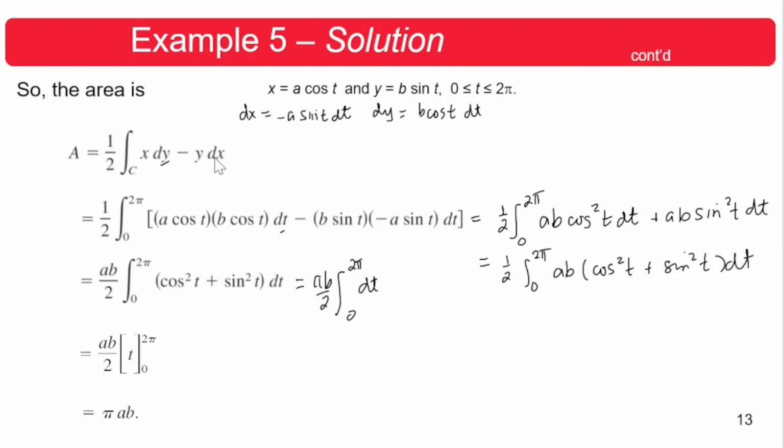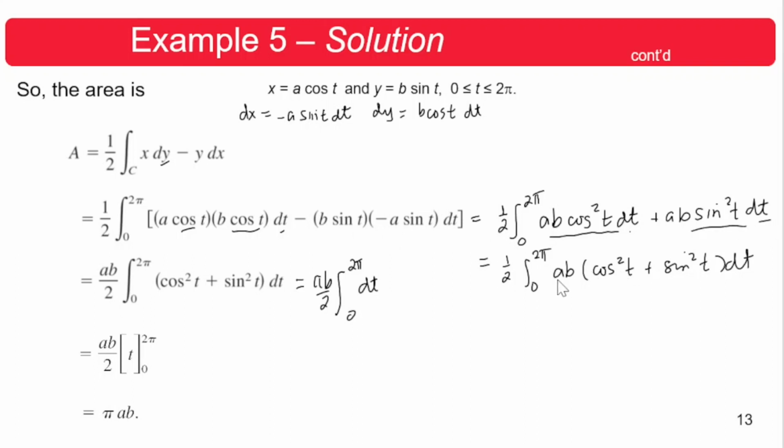So we replace dx here by negative a sine t dt. And then by simplifying further, we multiply a cosine t by b cosine t. So we have ab cosine squared t dt minus negative times negative, so we have positive. B times a is ab, sine times sine is sine squared t dt.